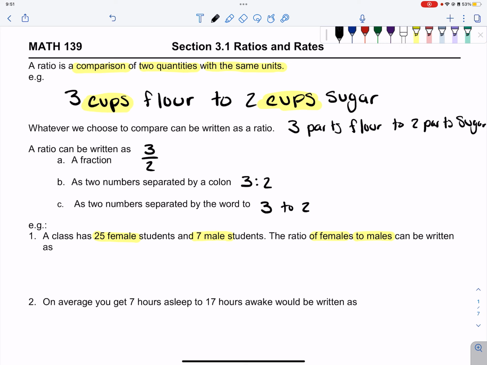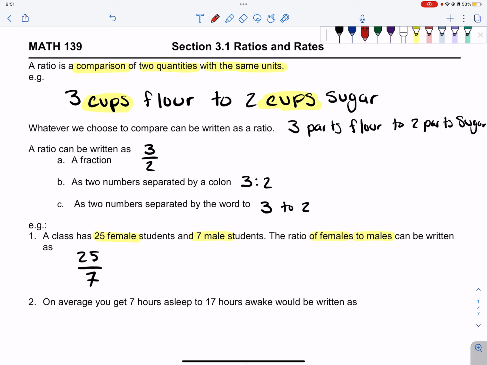The first way I could write this would be 25/7. And I'm specifically choosing to put the 25 on the top and the 7 on the bottom because of how it asked me to write the ratio. It asked me to write the ratio as females to males, so I'm going to have females in the numerator position.